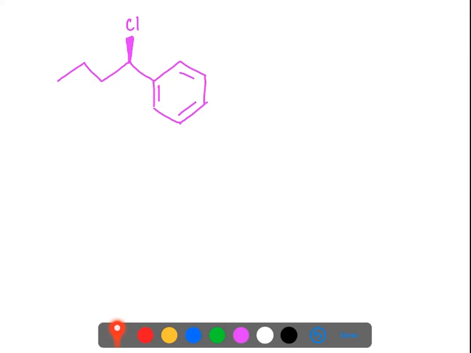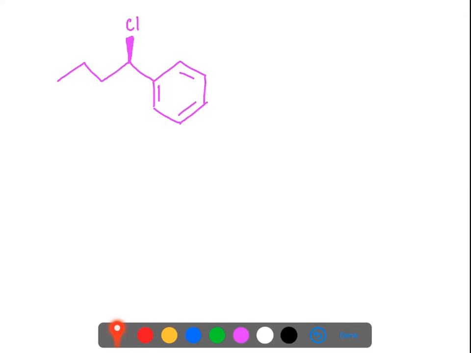So two beta carbons. Now we're looking for beta hydrogens, hydrogens attached to those beta carbons. There are no hydrogens attached to this beta carbon, so there'll be no protons available for donation in this E2 reaction. However, there are two protons that are potentially available at this position. So there's two beta hydrogens. They can be protons involved in the E2 reaction.